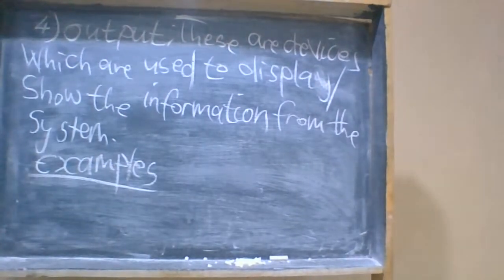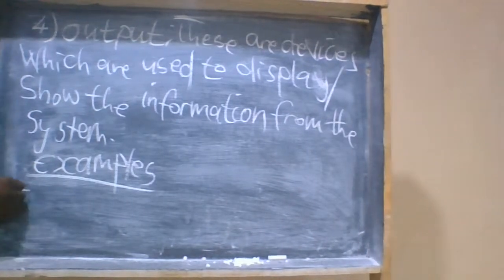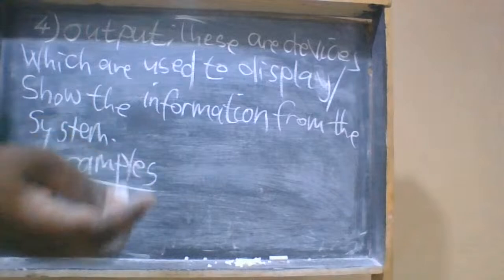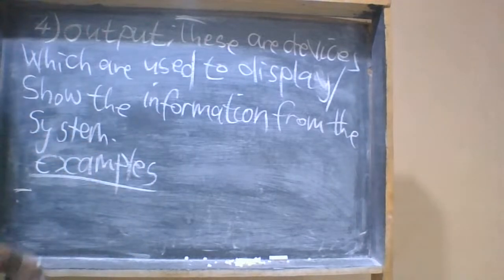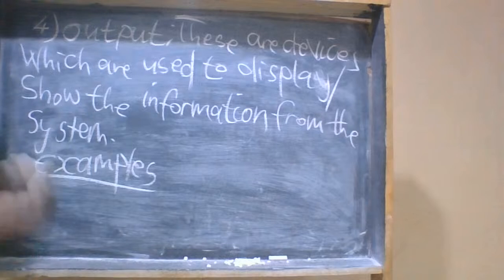Okay, so what are some of the examples of output devices? Number one, the common one is what we call the screen, or rather, other people would say the TV. It's not really the TV, but of course you may say so. That is the monitor.